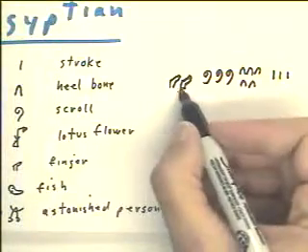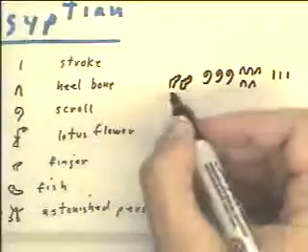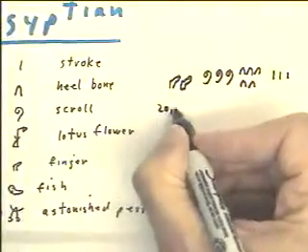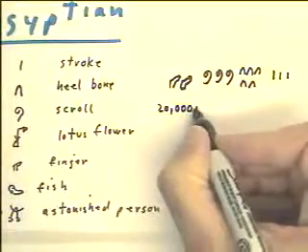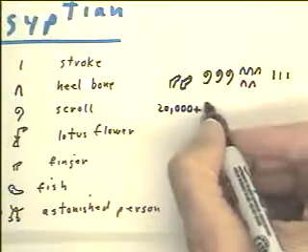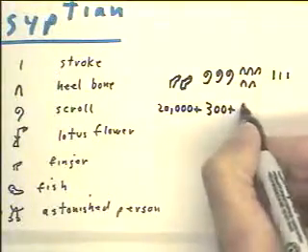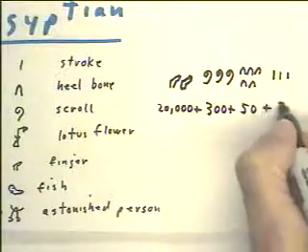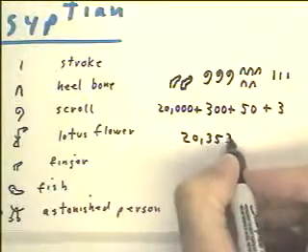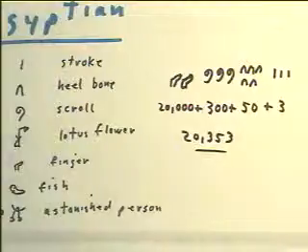Well, this would represent 2 groups each of 10,000, so that these 2 would represent 20,000 in our system. 3 scrolls would be 300. 5 heel bones would be 50, and 3 tally sticks would be 3. So we have 20,353 corresponding to this number.